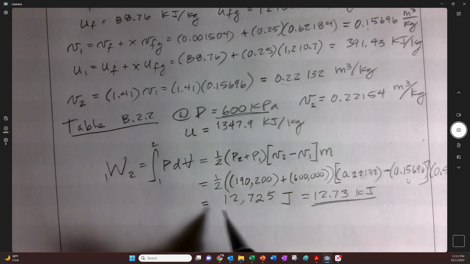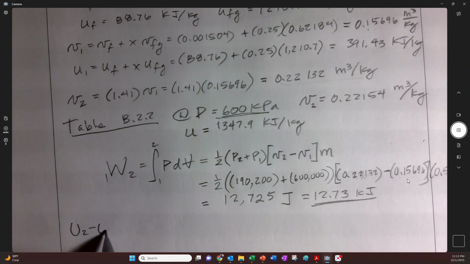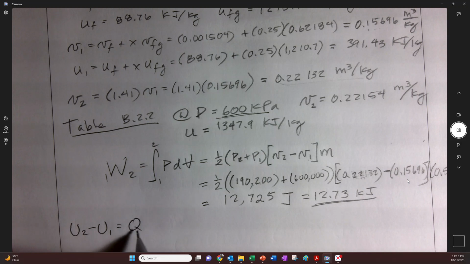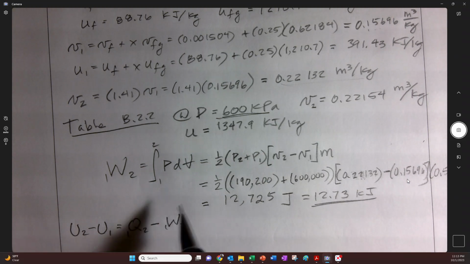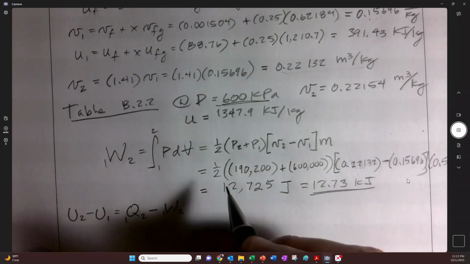And now, if we want to try to find how much heat, we go back to this: U2 minus U1 is equal to Q12 minus work 1 to 2, right? So this sign convention is the one we need to maintain.